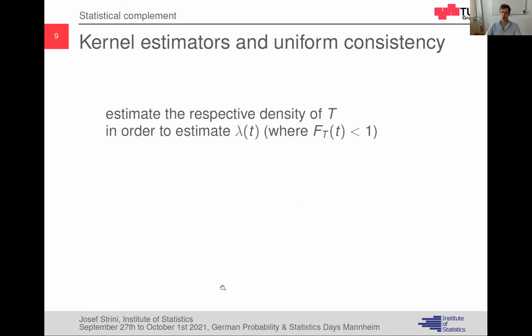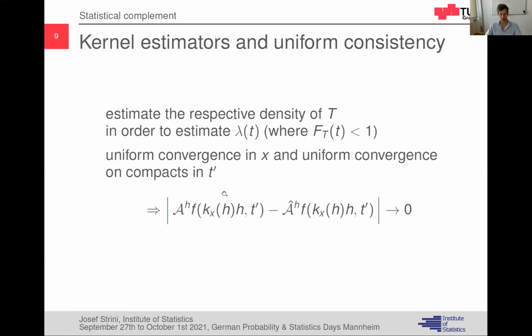On top of that, as mentioned above, we want to estimate the density and plug this estimator into the PIDE. Therefore, we use kernel estimators because they are smooth enough. So we estimate the density of the interarrival time in order to estimate the intensity lambda.